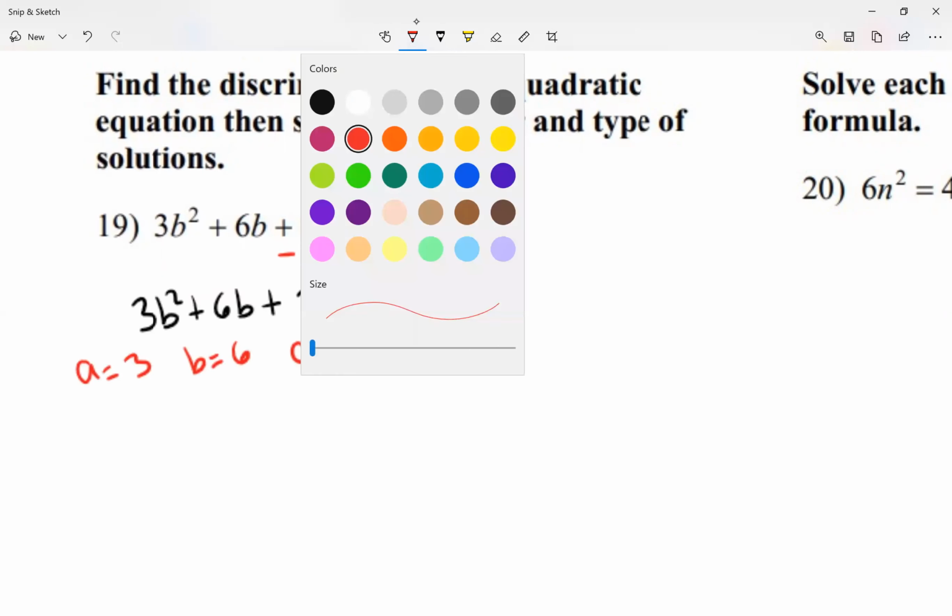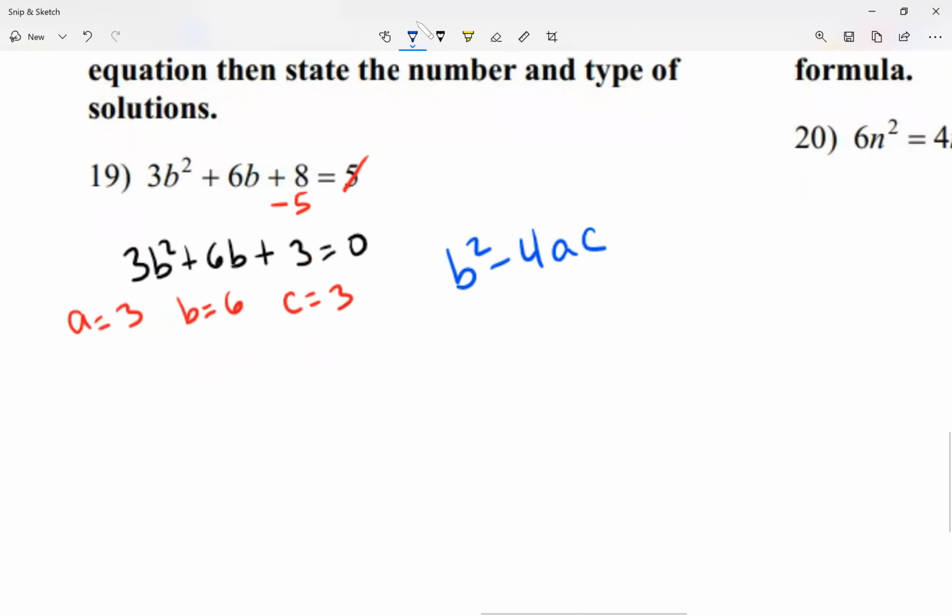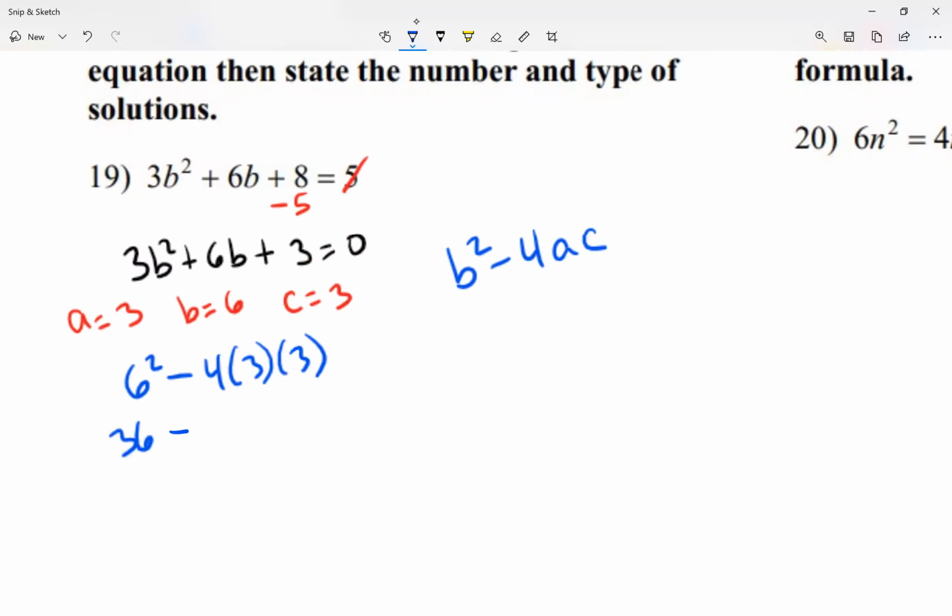And then we talked about the discriminant being the formula b squared minus 4 times a times c. So I have 6 squared minus 4 times 3 times 3. I know 6 squared is 36. There's minus.